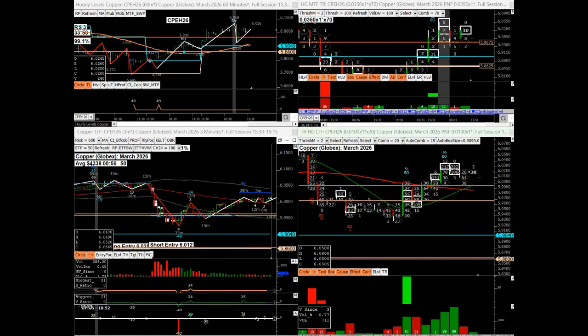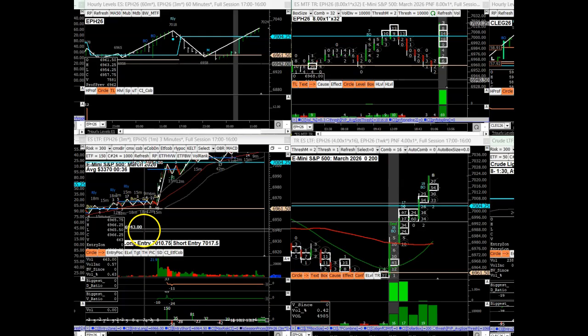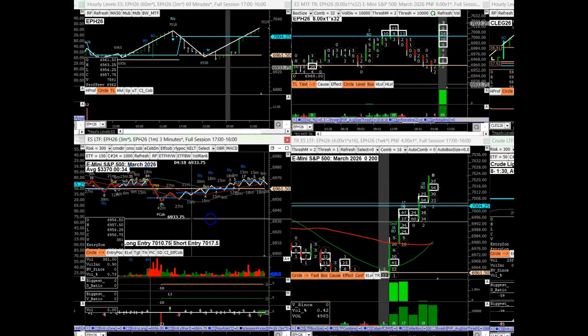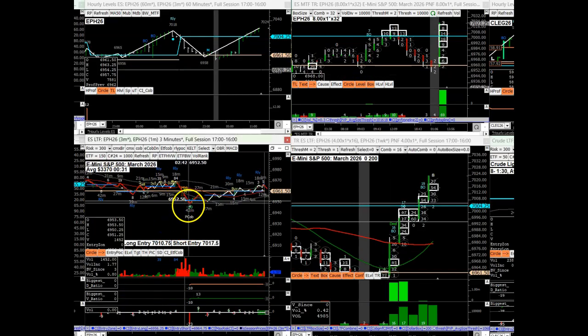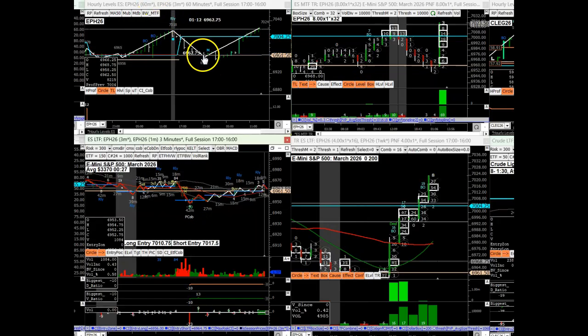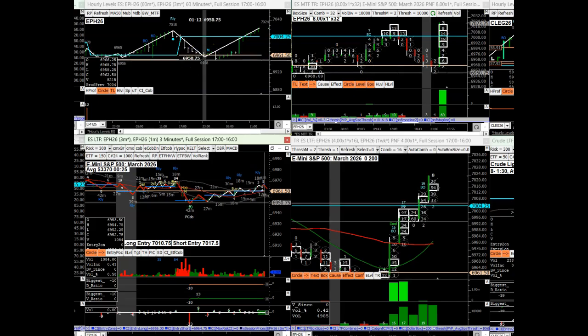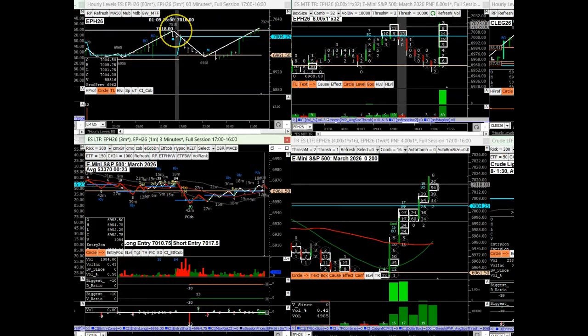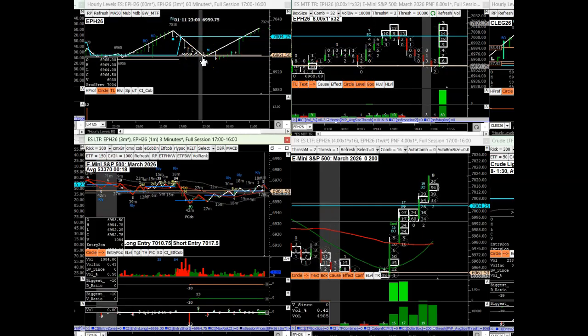let's see. This is a simple example on the ES. So it went down here. Now notice in the higher time frame, it pulls back to a level. First step for pullback reversal trading specifically, it needs to pull back to a level, any level. It has to be a higher time frame level where there was buying or selling before.